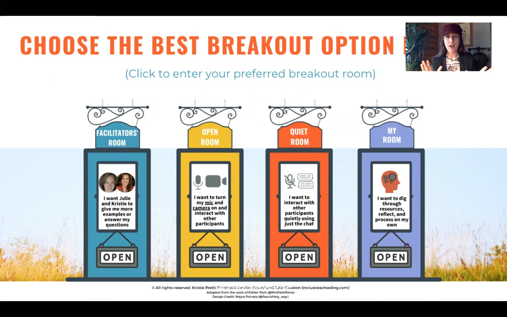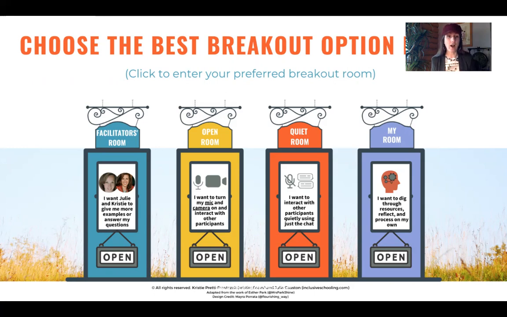You can have this graphic on a Padlet, on a Google Drive document, or even in an email. What you do is hyperlink each of the images with the Zoom account to where folks are going to go. They don't even need to know they're being zoomed to another place, though it might be helpful to clarify so they understand they have to come back to the main room.